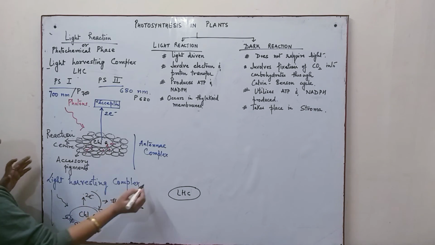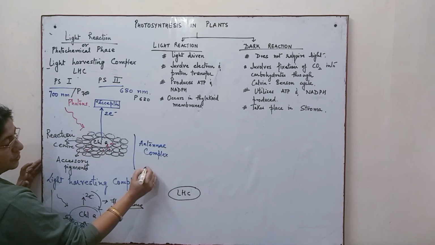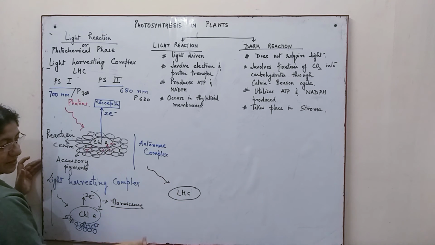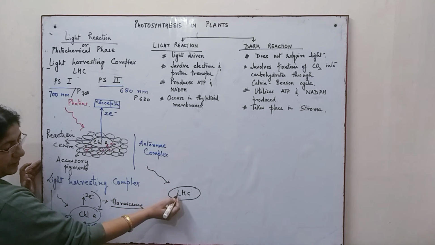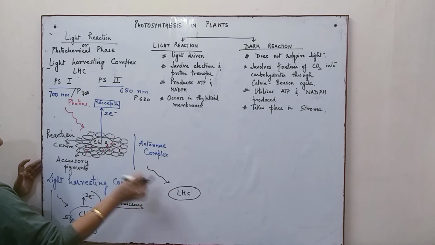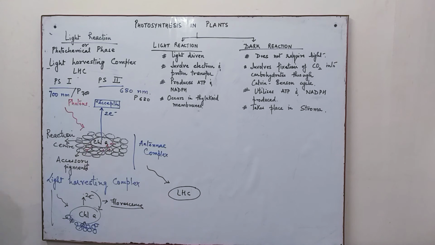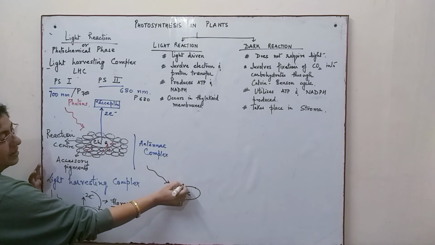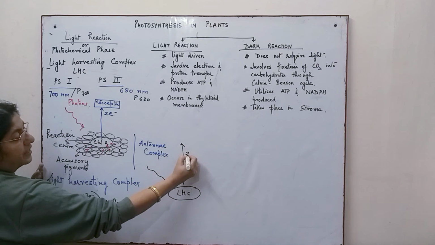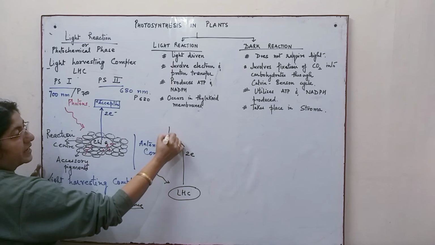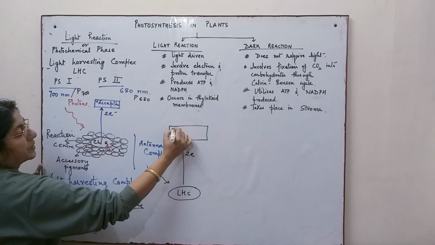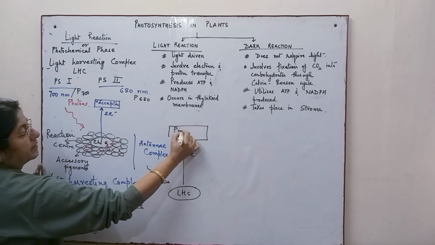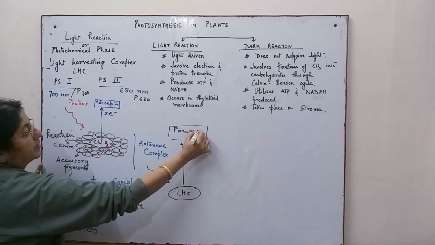Now we are talking about PS2. The light harvesting complex consists of chlorophyll A and the surrounding accessory pigments. When the light is focused, the electrons are released, which are taken up by the primary electron acceptor.